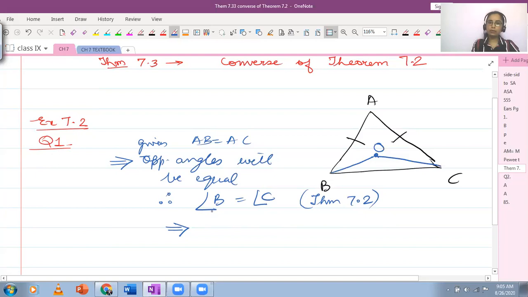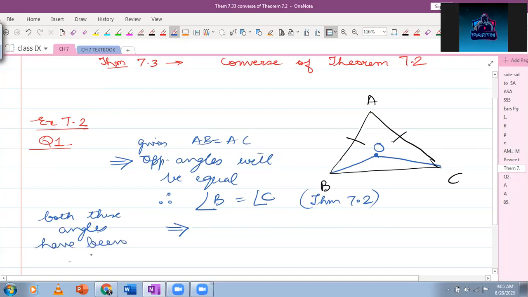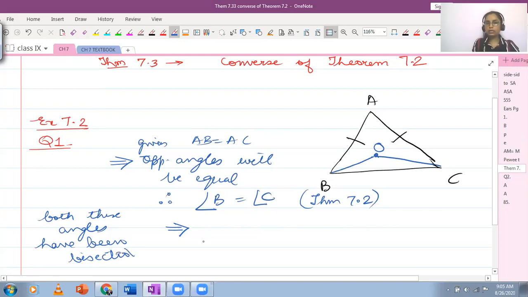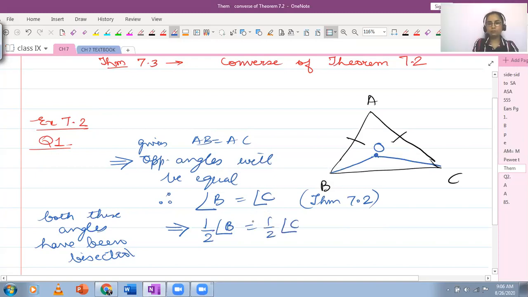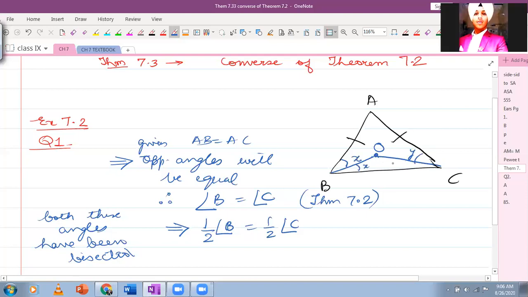Yes, this is what we are going to write from here, because in your question it's indicated that both these angles have been bisected by O. Both angles have been bisected, so we can mention their halves. अगर दो angles का measure equal है तो उनके halves भी equal होंगे. And I have written these halves as x and x and y and y.